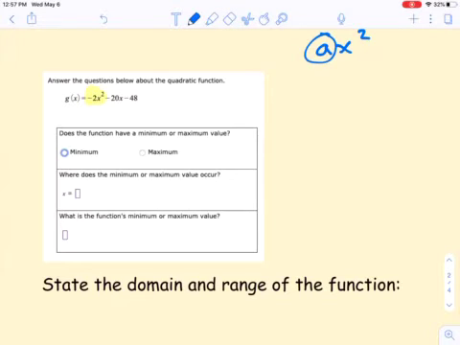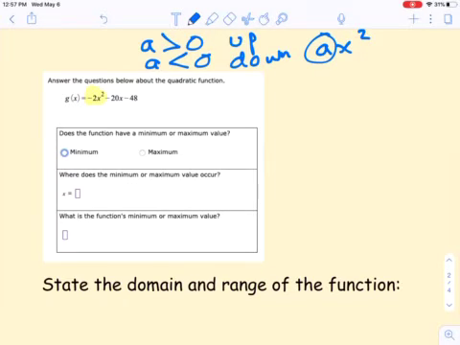That a is going to tell me one really important piece of information: which way the graph opens. Because if a is greater than 0, then it opens upward. If a is less than 0, it opens downward.